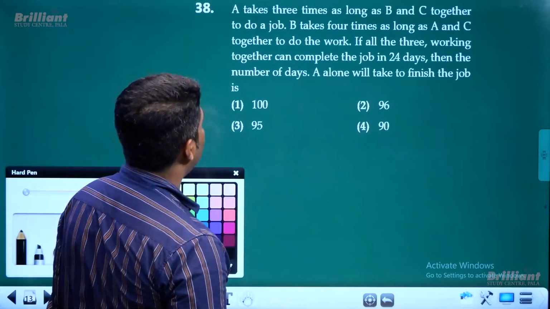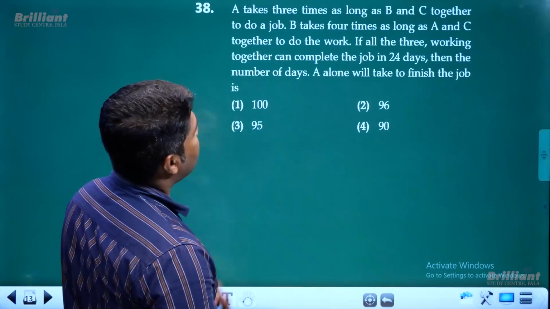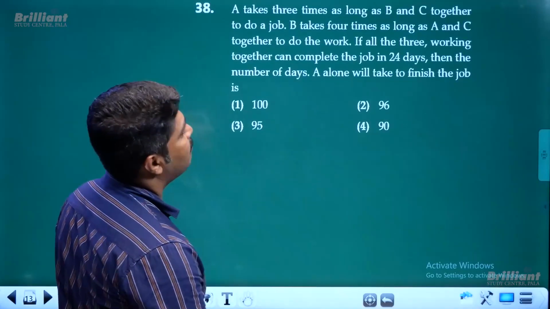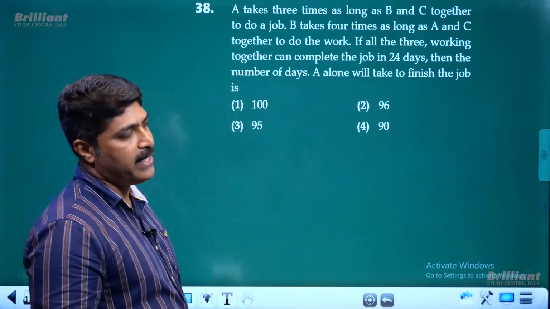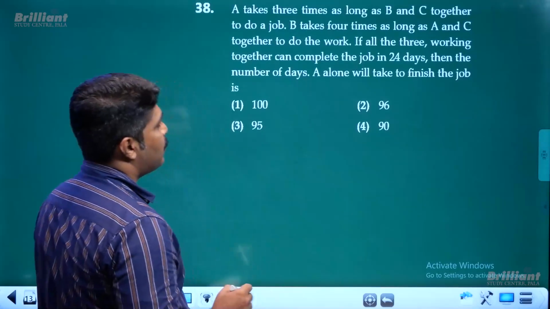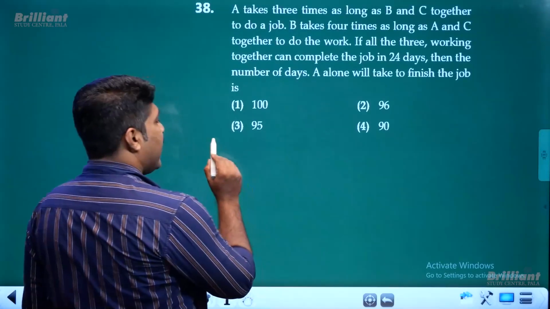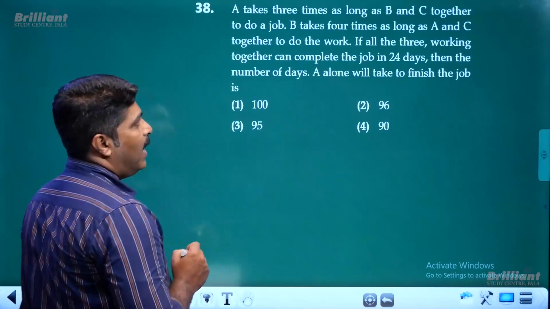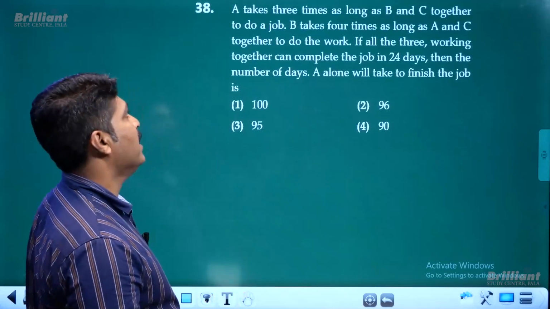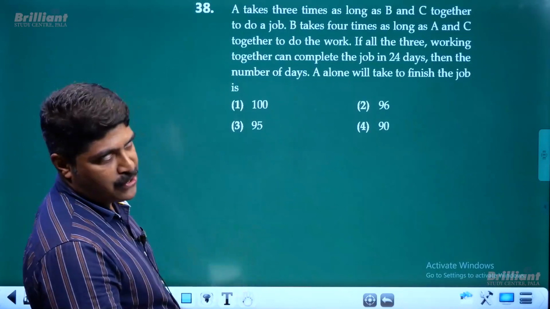So here, this one. A takes 3 times as long as B and C together to do a job. So first of all, you have to understand the basic form. The time taken by A and time taken by B and C are in the ratio 3:1.